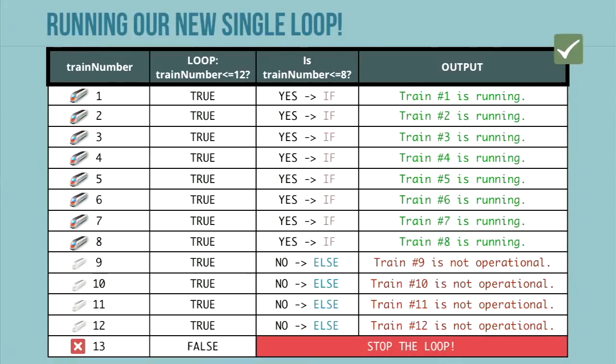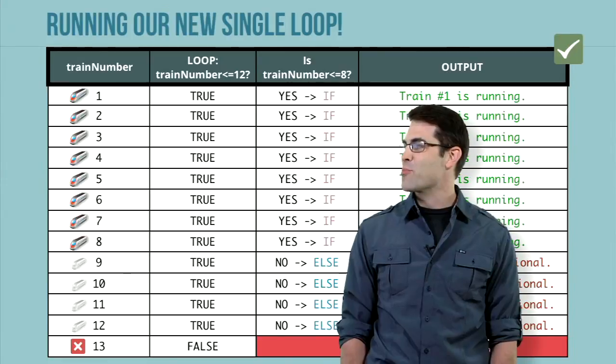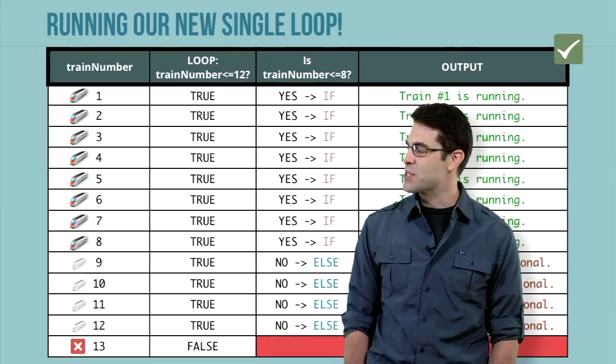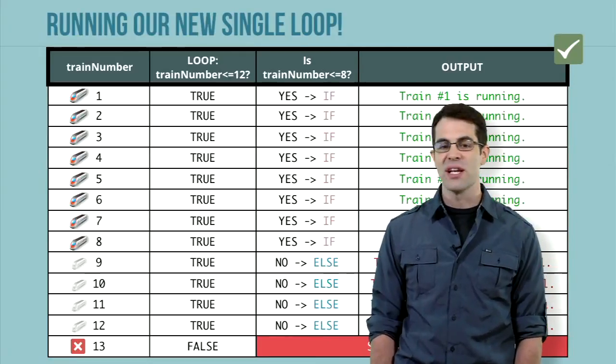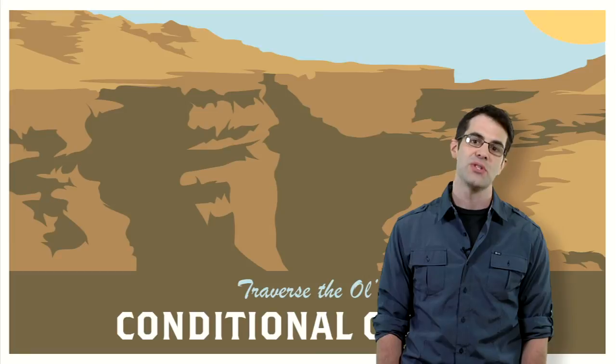That will be our last non-operational train. But when the train number becomes 13, finally the loop condition itself will be false and the entire loop will stop. So now we have printed out every last train and whether it is running or whether it is not, and we have done it all in one magical loop using conditionals.